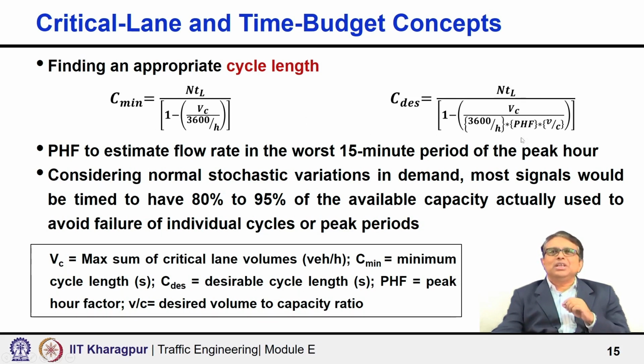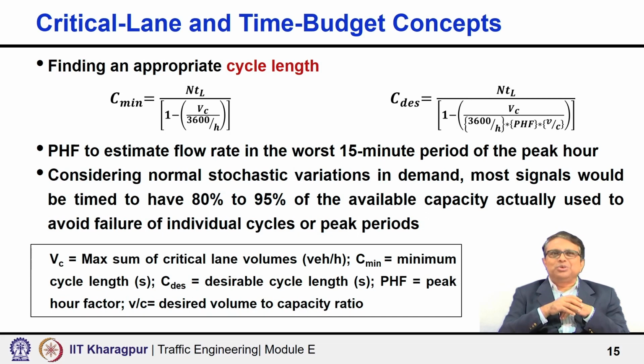The other consideration, as you can see I have written here, is the V by C ratio. V by C ratio is the desired volume to capacity ratio. Why this one? Because if you do not consider it, how shall we consider the normal stochastic variation in demand?